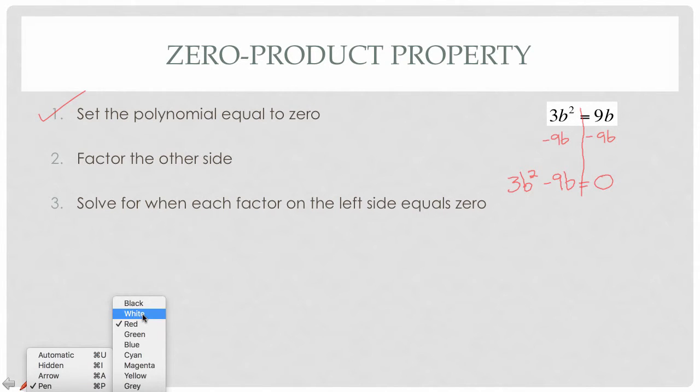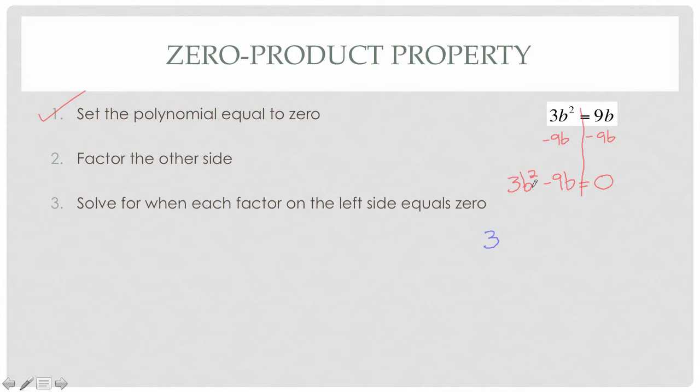Now, let's actually factor. So I'm going to look for common factors here. In between my two terms, they both have a factor of 3. They can divide by 3. And they both have one factor of b. So I'm going to divide a b out. What am I left with? Well, if I divide out my common factors of 3b, 3 divided by 3 is 1.